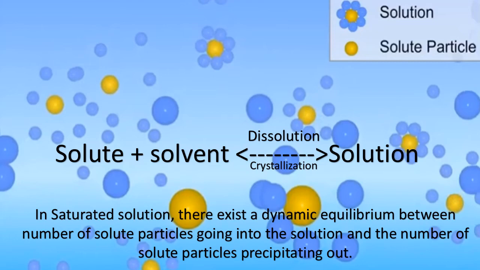This is because in a saturated solution, there exists a dynamic equilibrium between the number of solute particles going into the solution and the number of solute particles precipitating out.